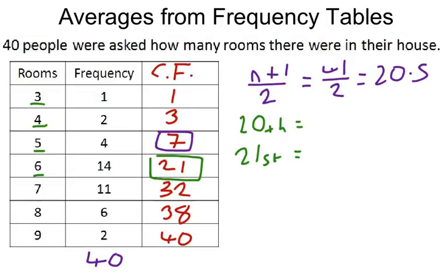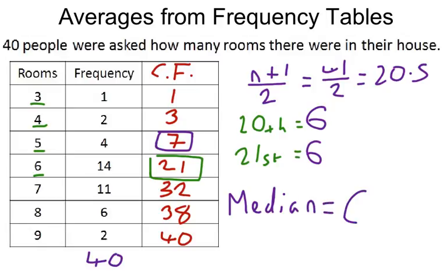So from the 7th value up until the 21st value, all the data are 6s. So the 20th value is a 6, and the 21st value is also a 6. So in this case, the median is halfway between 6 and 6, which is just 6.